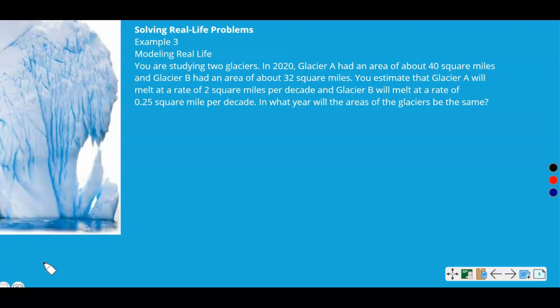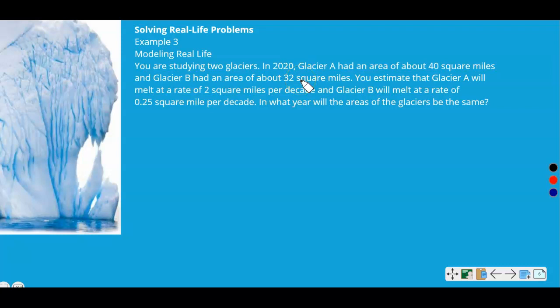All right, so let's think about what we're trying to do. We have the area of Glacier A and B in the year 2020. Glacier A has an area of about 40 square miles and Glacier B has an area of about 32 square miles.